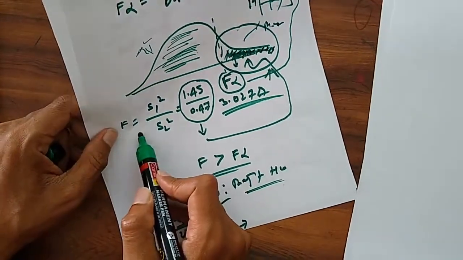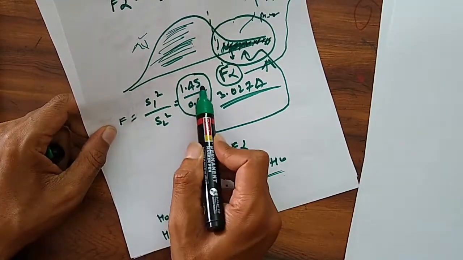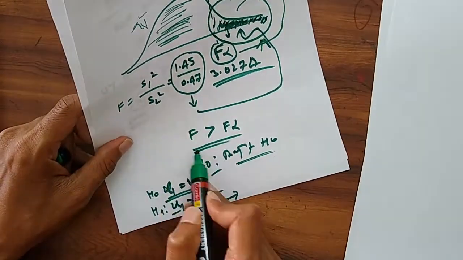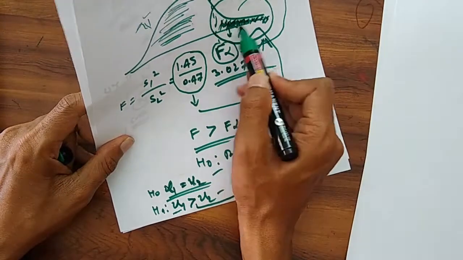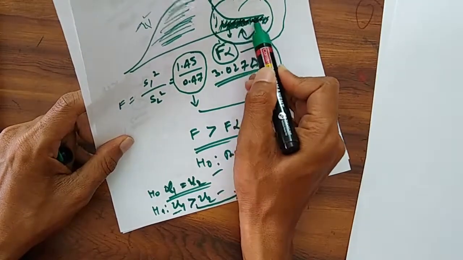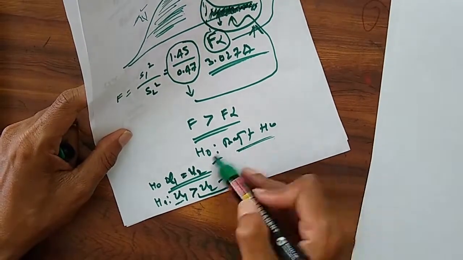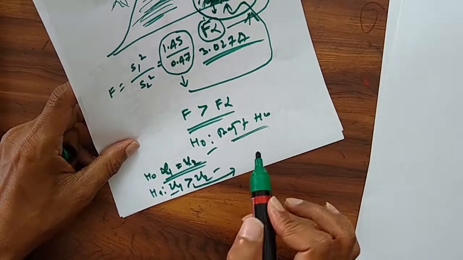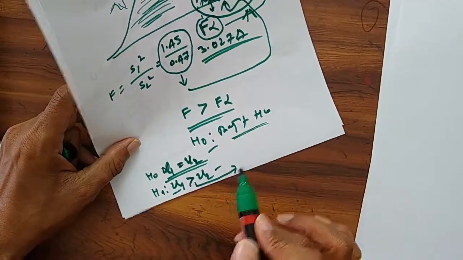To calculate the F value, S1 squared by S2 squared, that is 1.45 by 0.47. This value is greater than F alpha. That means this value lies in the extreme region, so we are going to reject our null hypothesis. That means in both plants we are not making the same size of cell phones. Okay, now you understood.